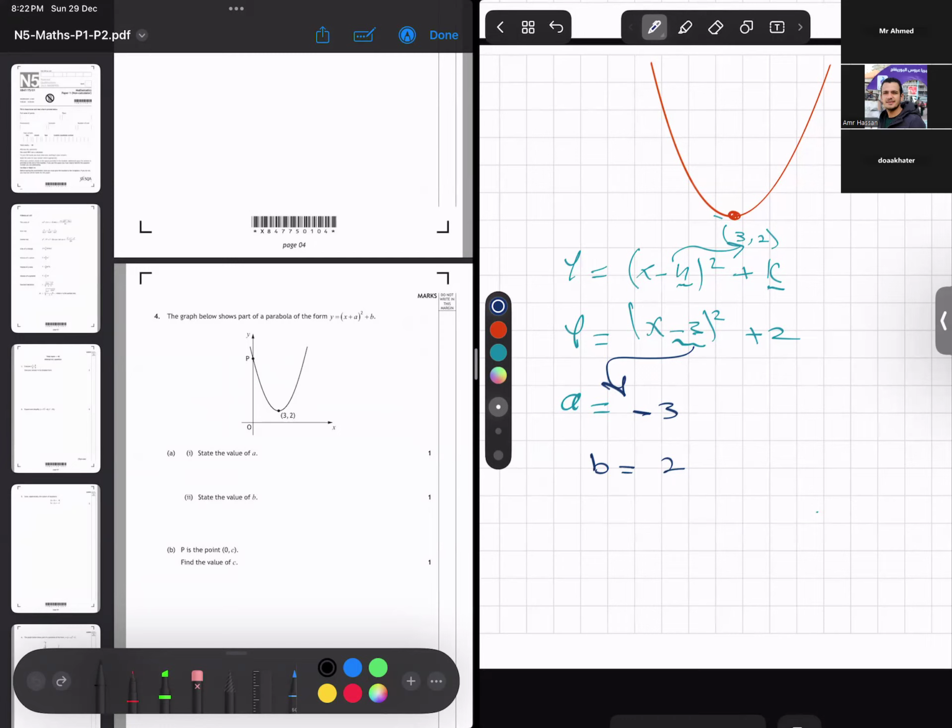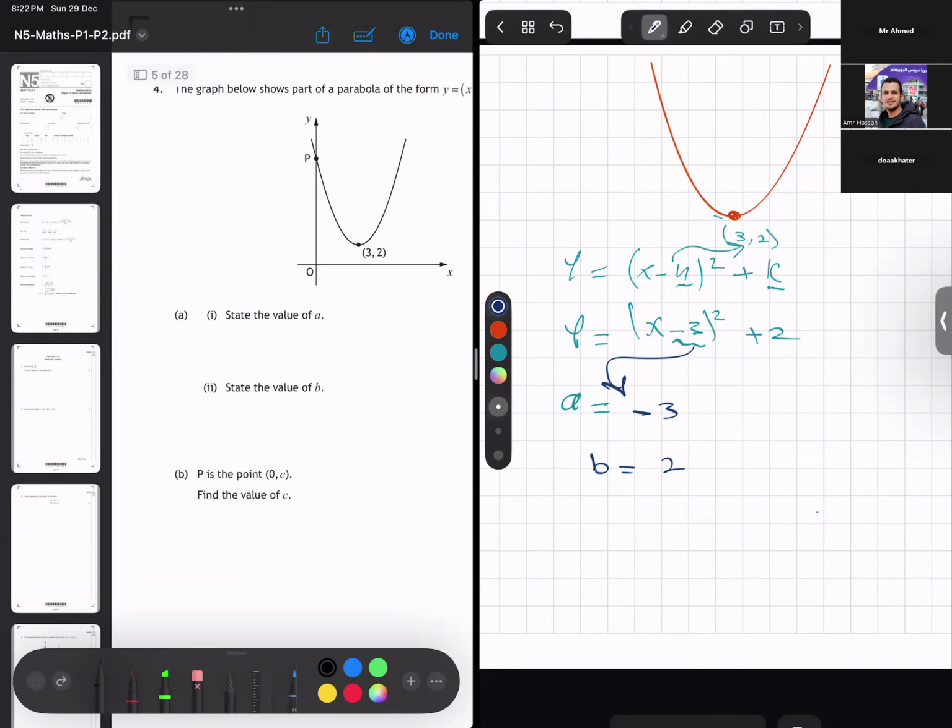Okay, so the last thing. I didn't say it's hard, it's really easy. He asked me to figure out the point C. This one is the point of intersection between the parabola and the y-axis. Every single time you want the y-intercept, remember that x is always equal to 0.